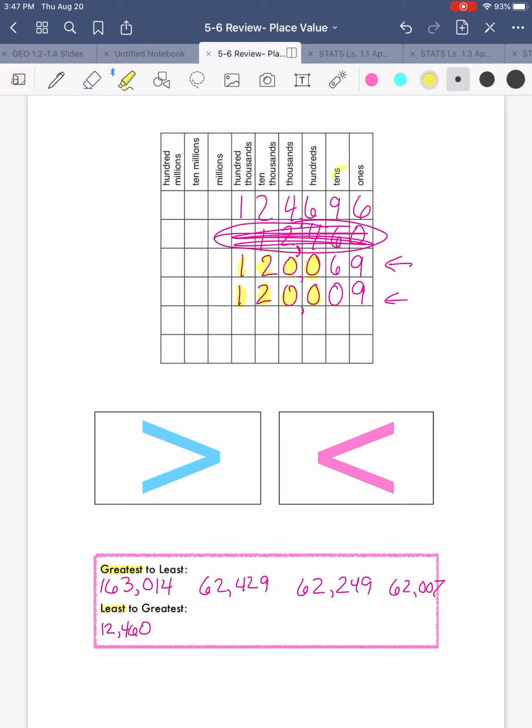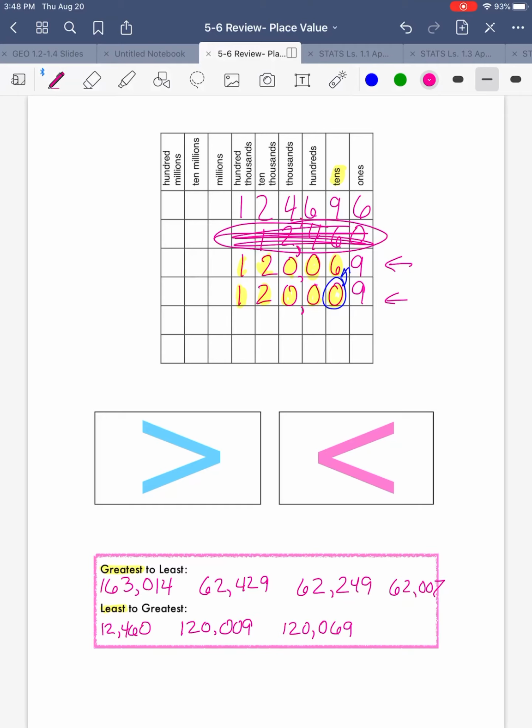But if we go to the tens place, now we can see a difference. The number that is smaller in the tens place is this 0 right here. 0 is smaller than 6. So we know now that 120,009 is smaller than 120,069. So I'll just go ahead and put the other one, 120,069.